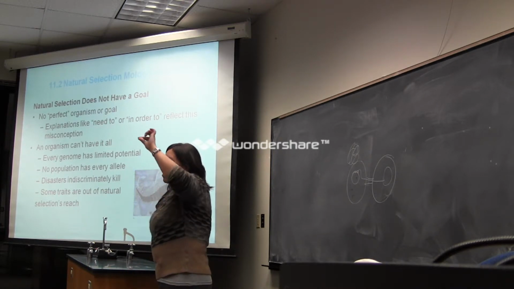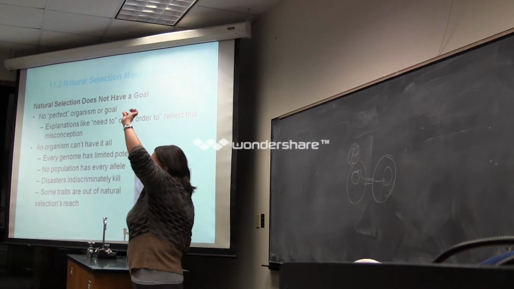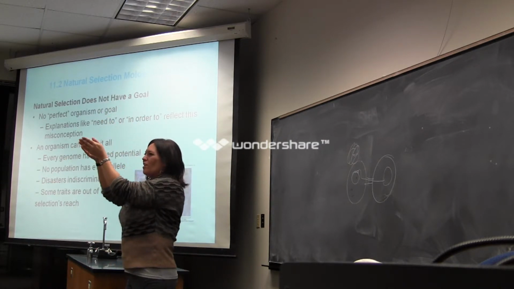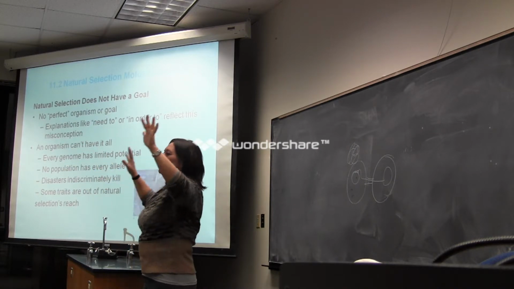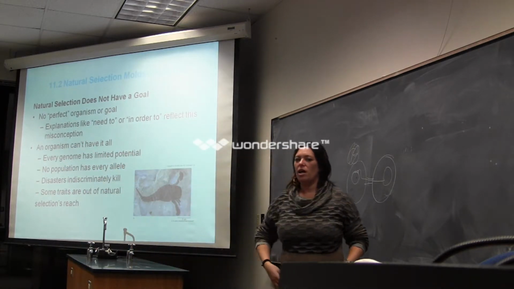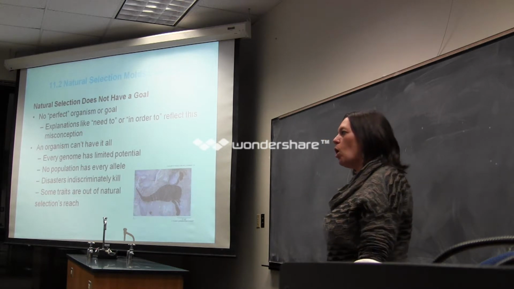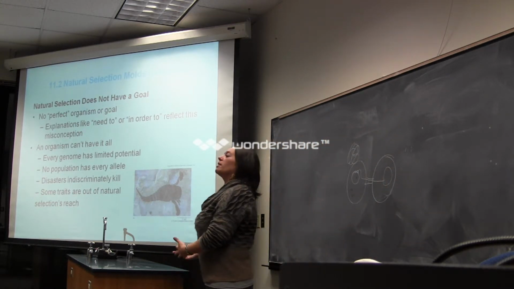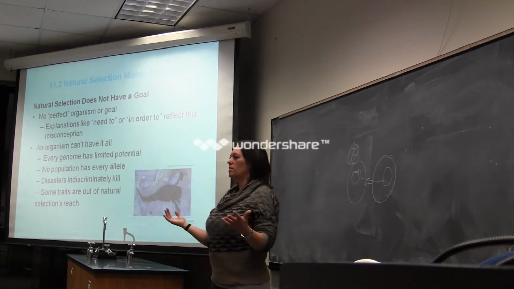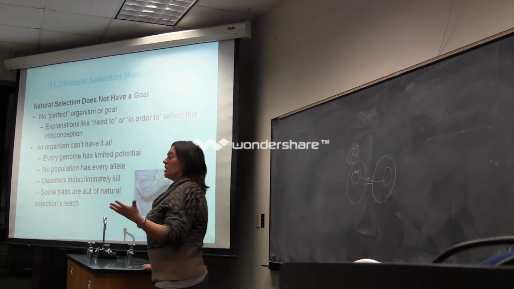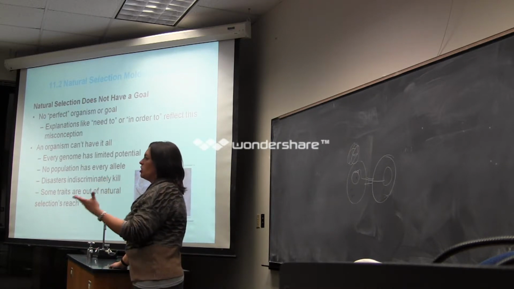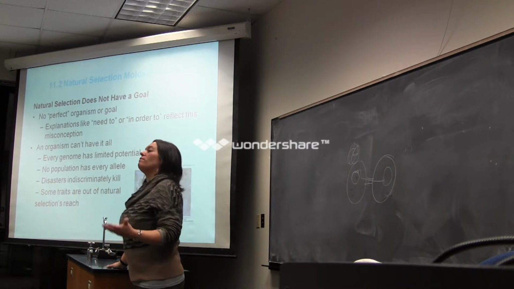So it doesn't make sense to try to pinpoint the perfect organism and reach that goal, because it's only going to be perfect for one condition and everything's changing on the earth all the time. So instead of having a goal of making everything perfect, it's just an effect. Think of this as cause and effect. The cause is the environment. Depending on the environment, that's going to cause adaptations in certain organisms to better survive that environment.